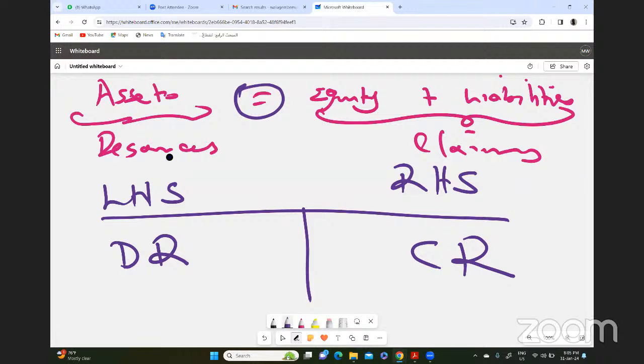Sorry, let me repeat myself. Assets, debit, because it is on the left. Liabilities, equity, credit. For every debit, there must be a corresponding equal but opposite credit entry. Debit, credit, debit, credit, debit, credit.